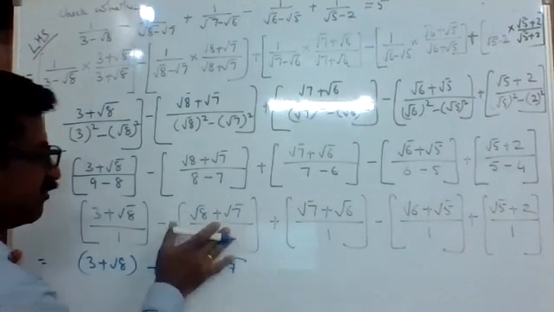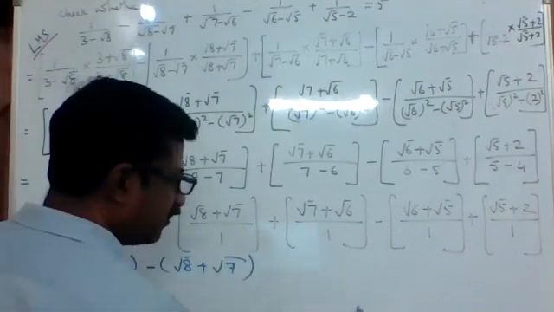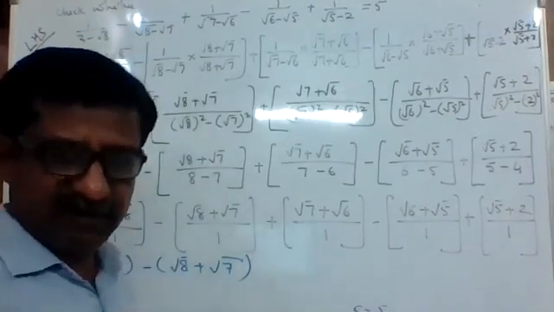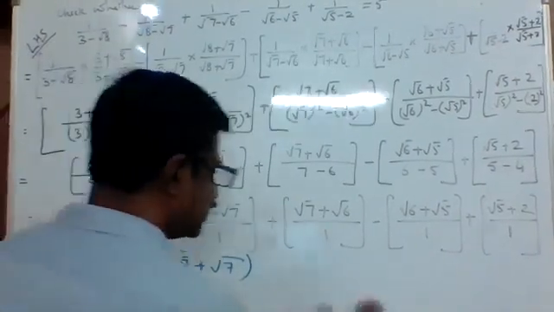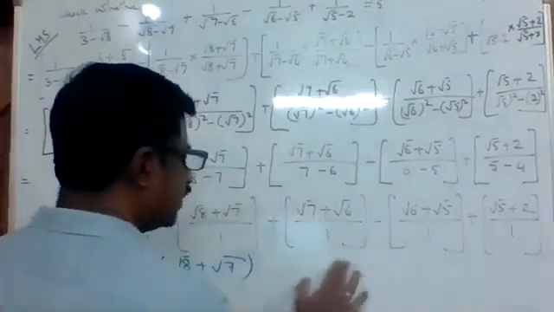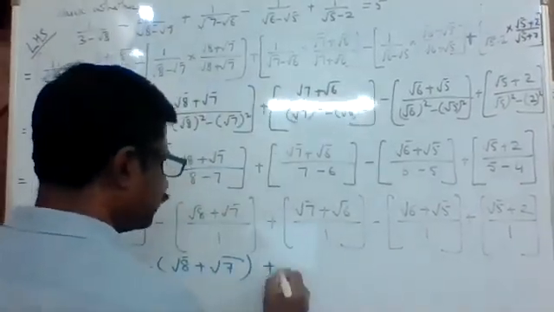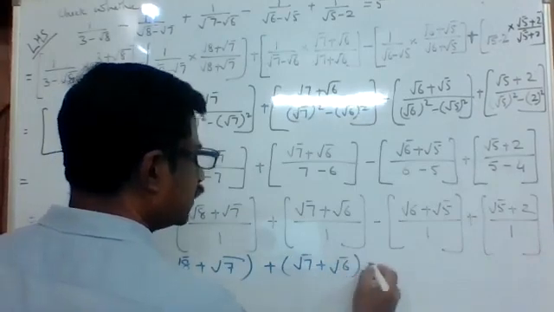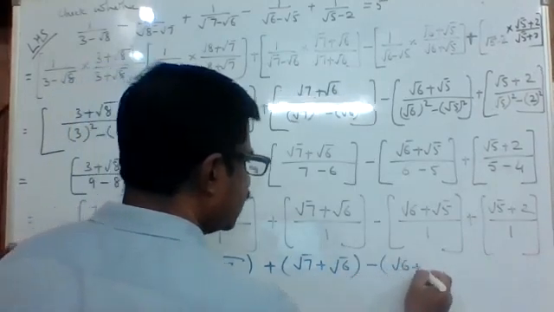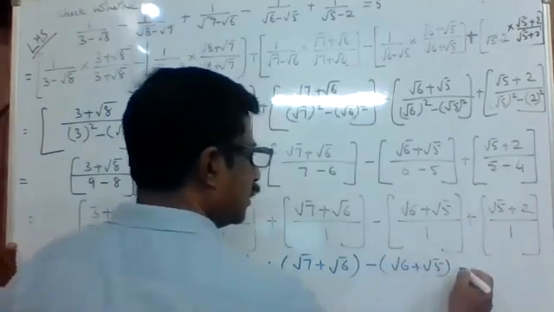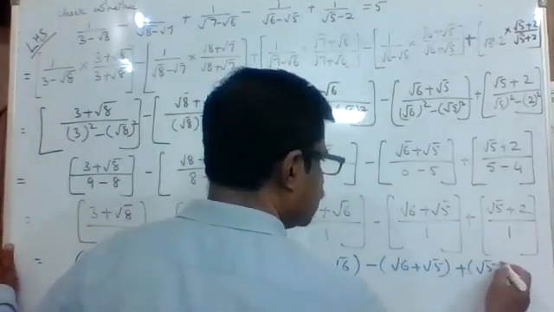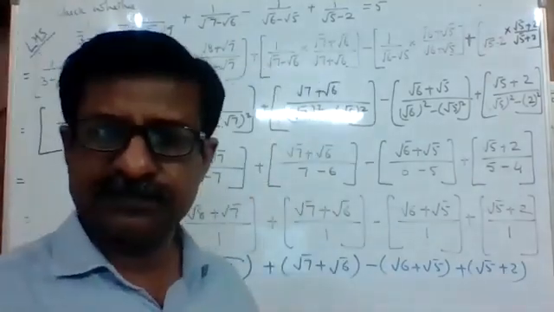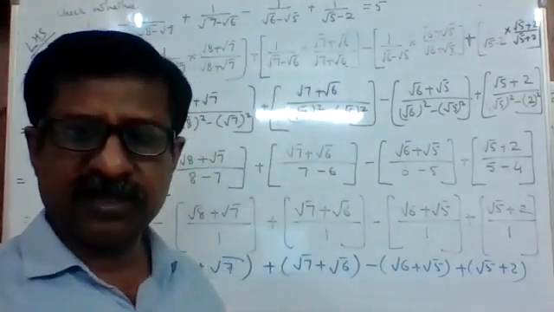Denominator 1 means we can avoid it because 5 can be written as 5 by 1, or 5 by 1 can be written as 5 also. Okay, the meaning is same. If the denominator is 1, we can avoid that. This is root 7 plus root 6, minus root 6 plus root 5. This is root 5 plus 2. Clear?